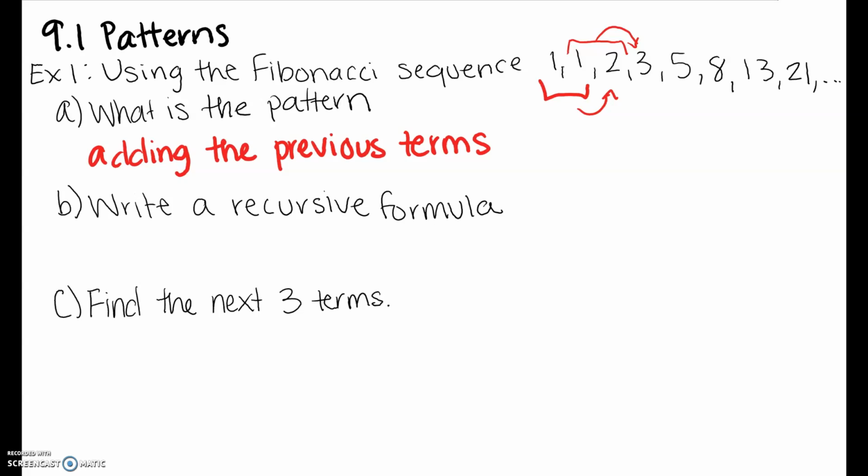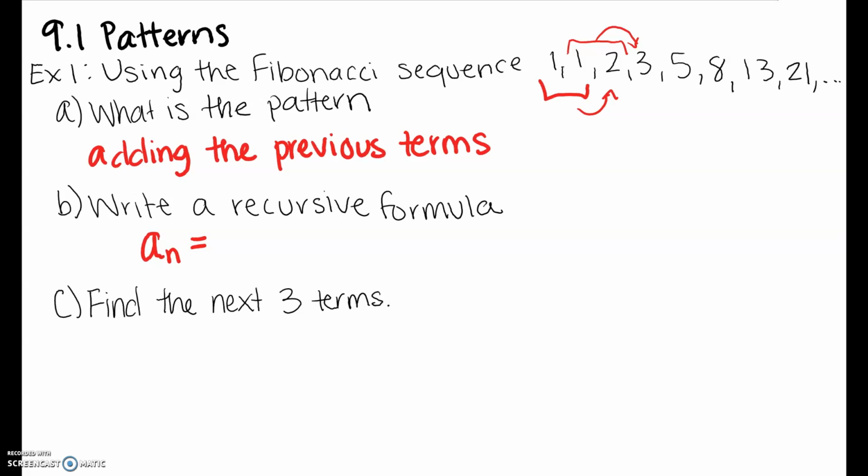So now we're going to take that information about the pattern and we're going to write a recursive formula. And remember, the recursive formula is written in terms of the previous term. So the recursive formula will always start with a of n, and that's just saying to find the nth term.